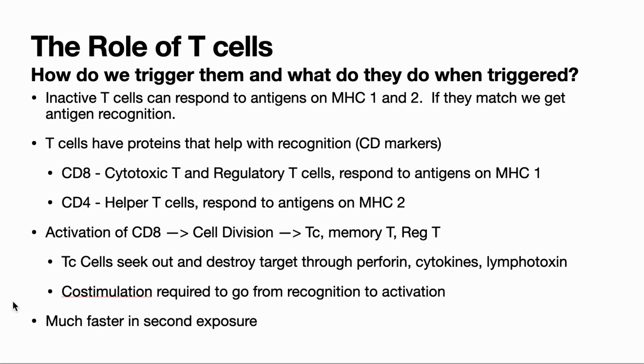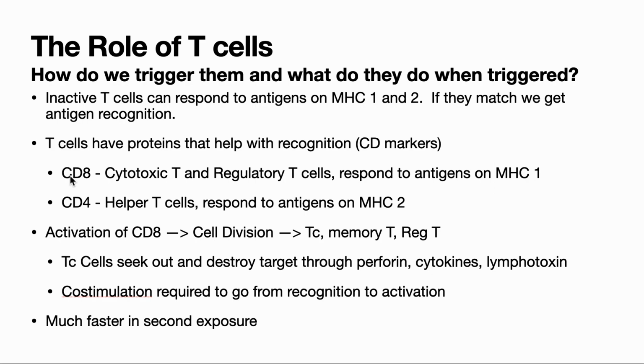Now, if a cytotoxic T cell has a receptor that matches an antigen being presented on MHC1, and its little CD8 markers receive co-stimulation, that will activate the cytotoxic T cell.